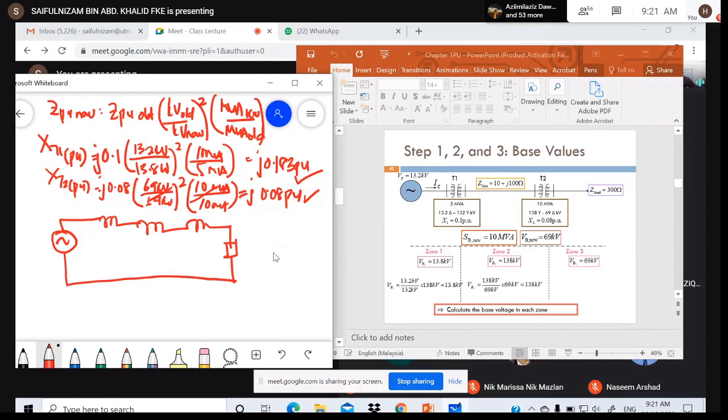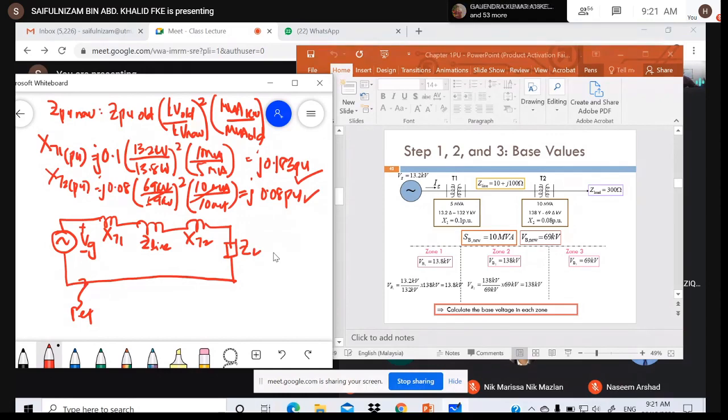This is the reference, grounded. This is VG, the generator voltage. This is the XT1. This is the Z line. This is the XT2. This is the ZL load.